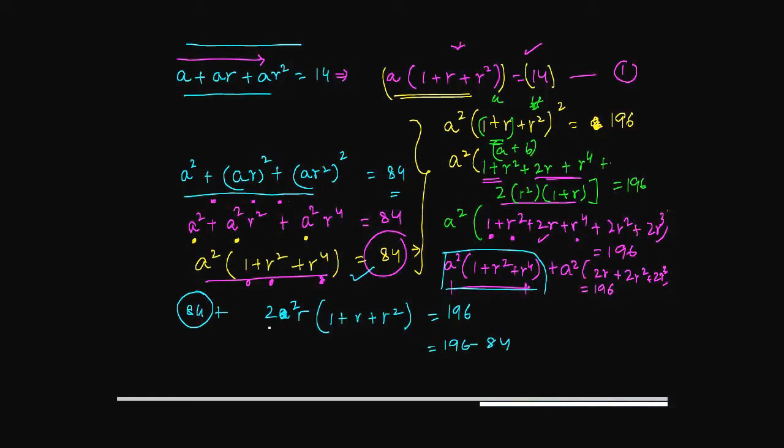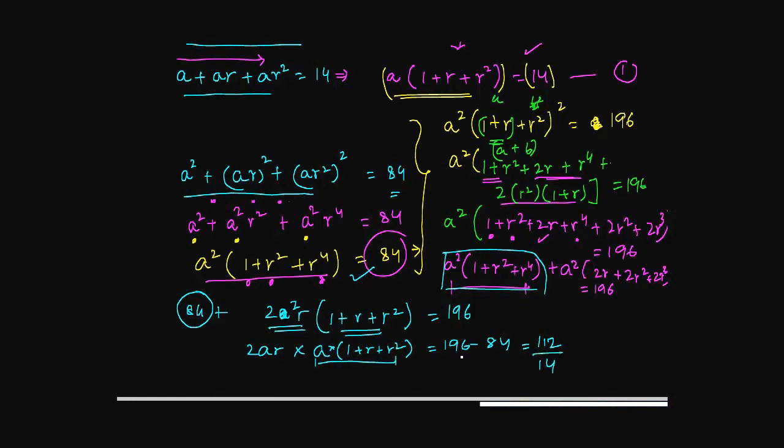Now again, how do we solve this? We don't know the value of this, but what we know is that a into 1 plus r plus r square is equal to 14. So I can write this as 2ar into a into 1 plus r plus r square is equal to 112. In any case, we know this value is 14, so we divide this by 14.